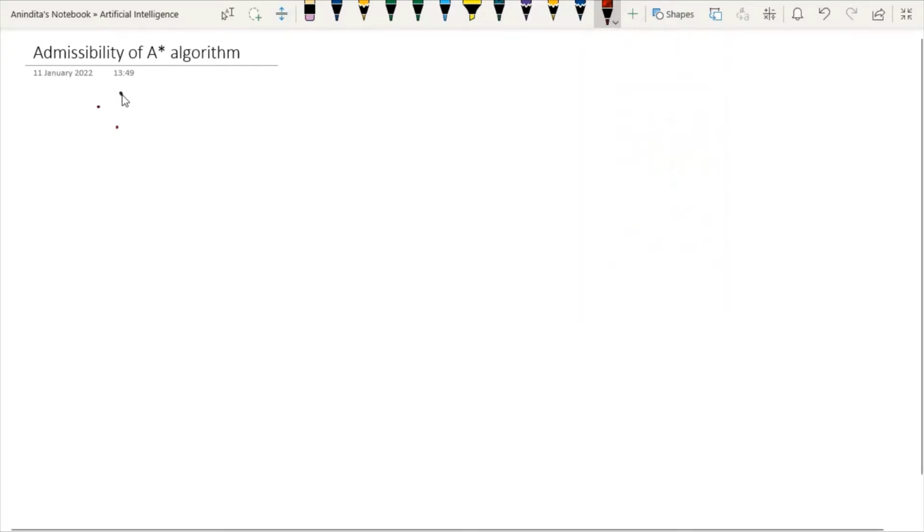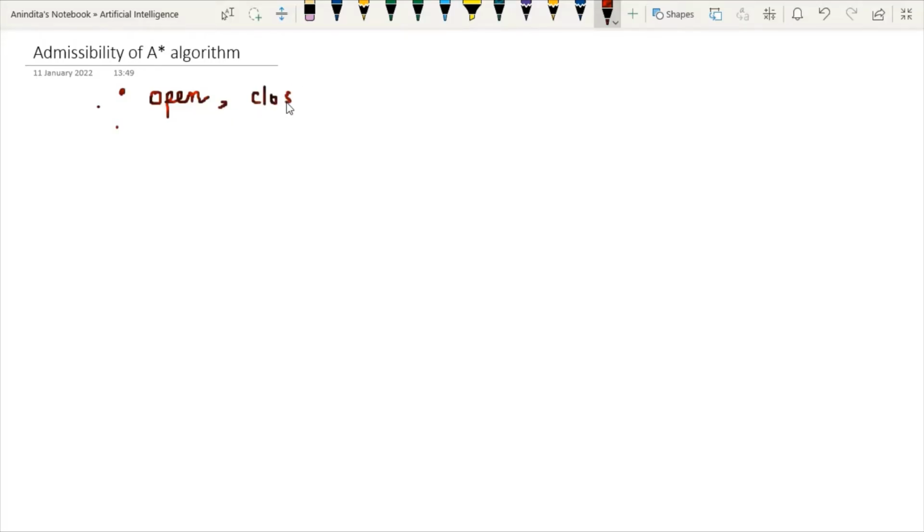A star algorithm. The first point is whenever we are using A star algorithm, we have to maintain two lists. One is the open list and another one is the closed list, right? Initially, both the lists will be empty.